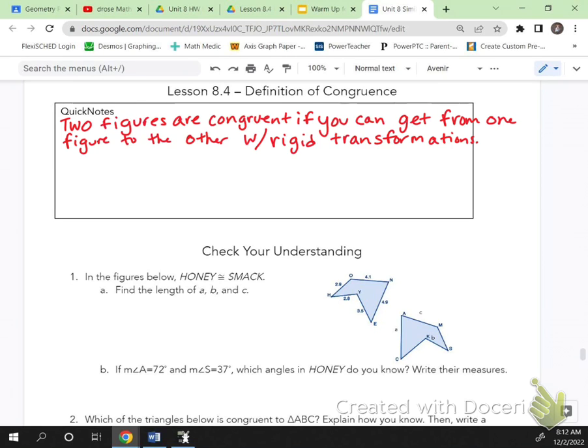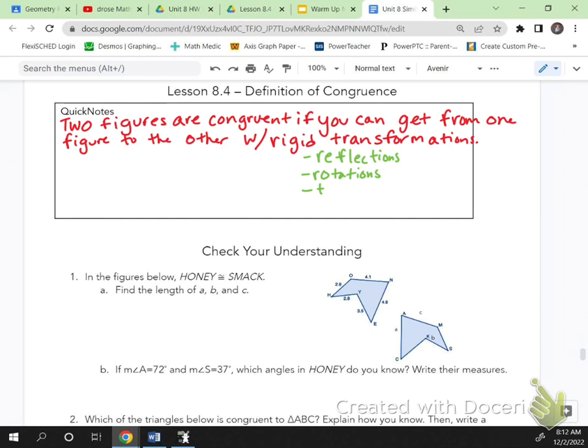Can you guess which ones are rigid transformations? Rigid. Yeah, perfect. Anything other than dilation, but I'm going to write it out for us. That would be reflections, rotations, and translations.